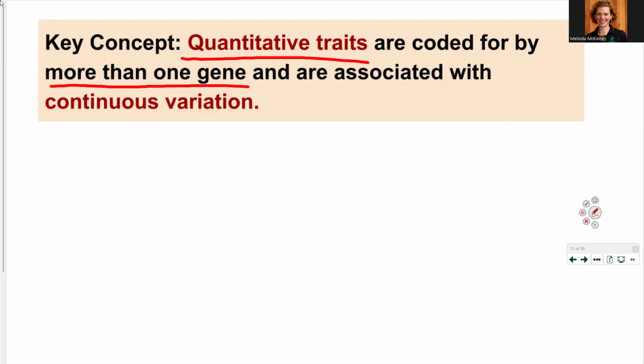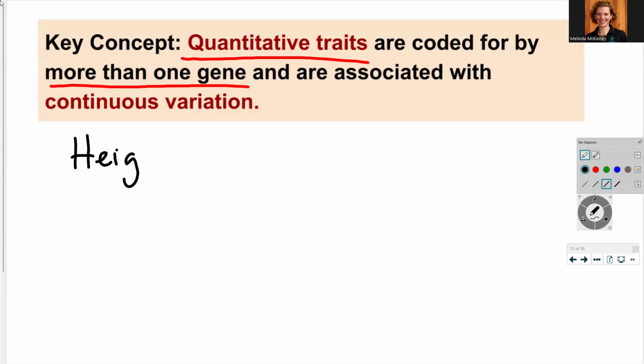So they're affected by more than one gene, and they have a pattern that's associated with continuous variation in the phenotype. So for example, height in many organisms, but humans, is going to be affected by many different genes. So there's a ton.